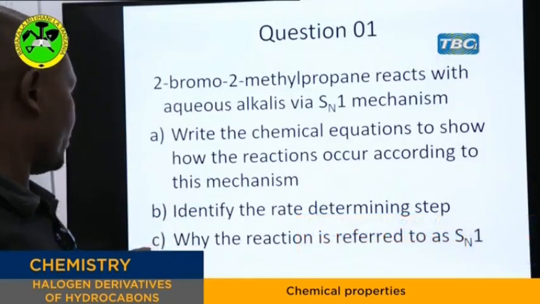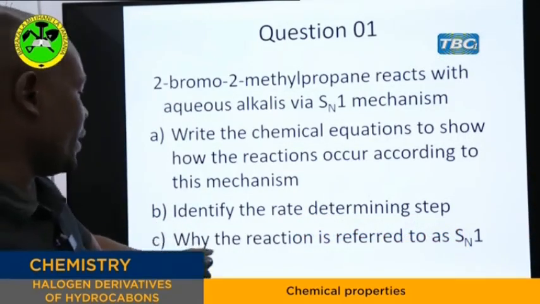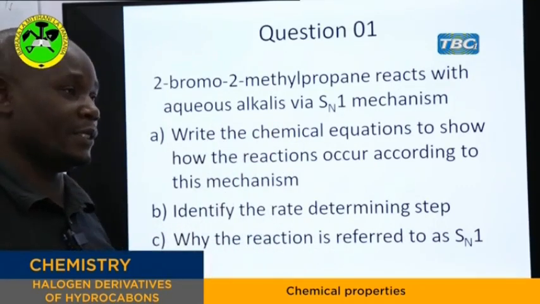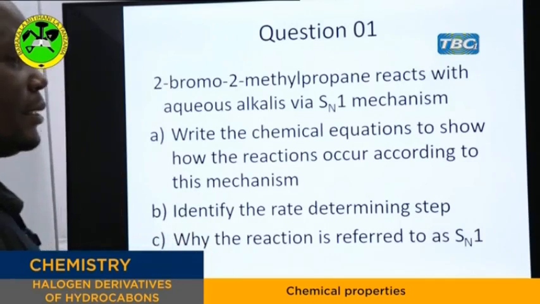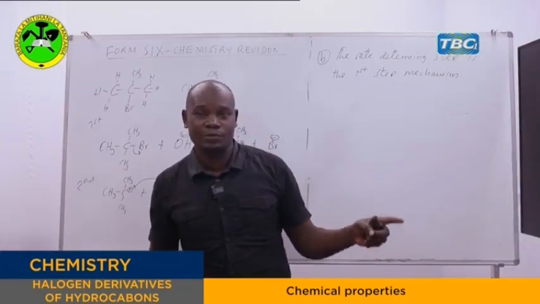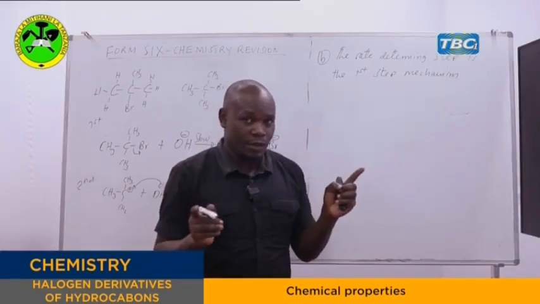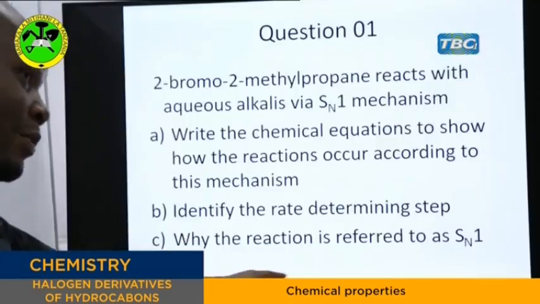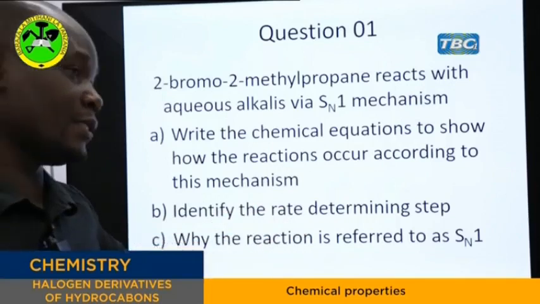For the third part, you have been asked to explain why the reaction is referred to as first order nucleophilic substitution reaction. I'm sure you can answer it because we explained it when we were talking about first order nucleophilic substitution reaction.